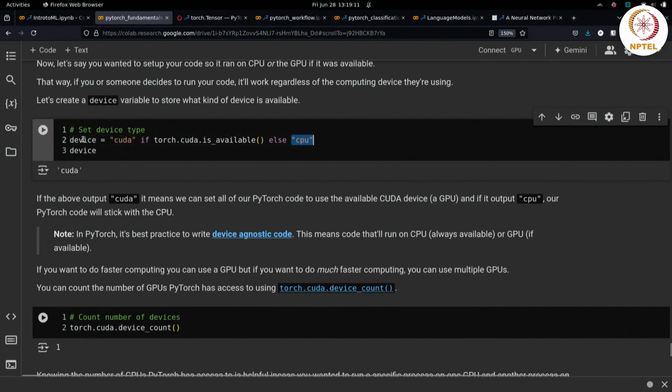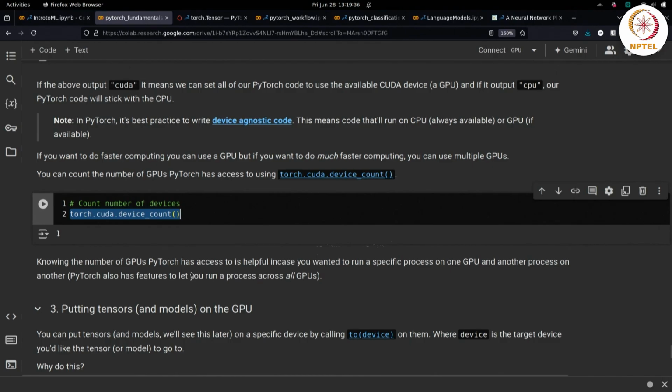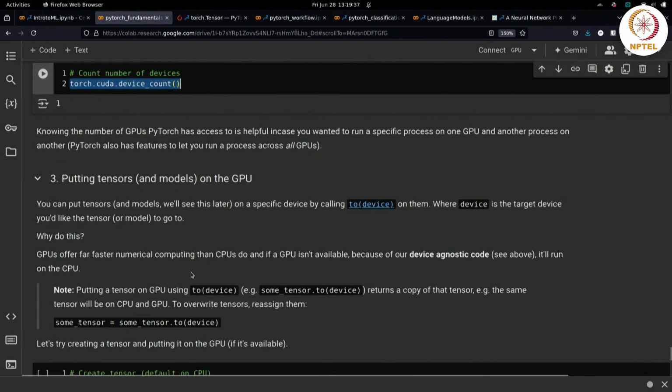This device value stays constant throughout your script and changes depending on whether you are running on a GPU machine or a CPU machine, but your code will nonetheless run. This is better than hard coding device equal to cuda. Let's say you also often need a machine with more than one GPU, and device count will tell you how many GPUs you have access to.